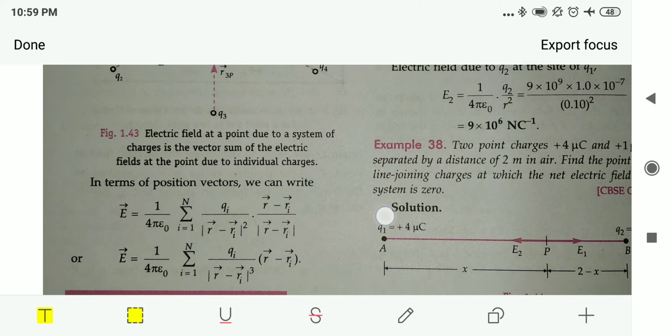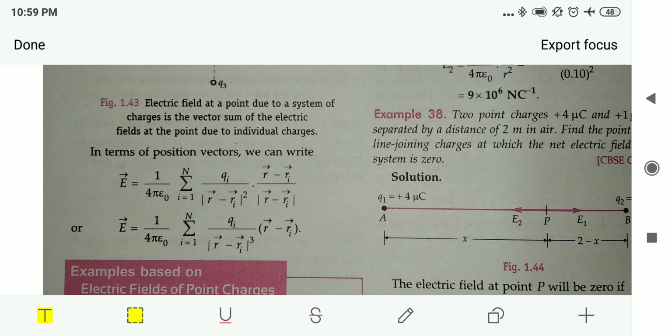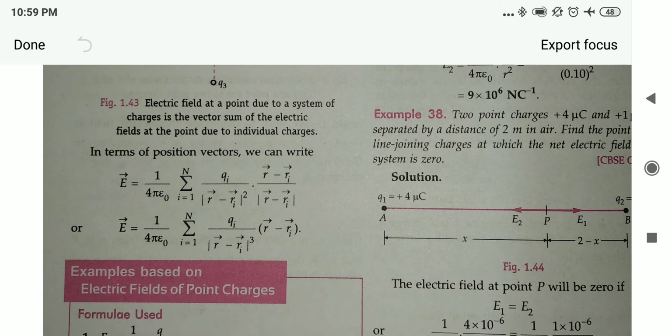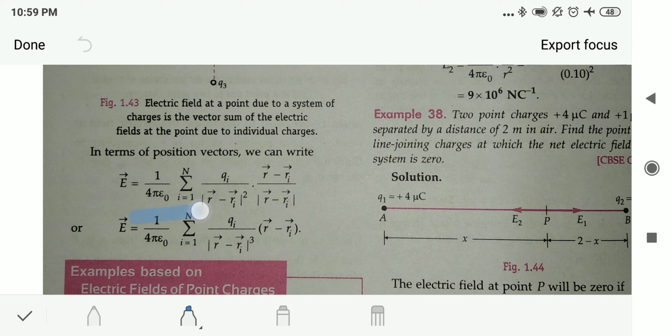In terms of position vector also, we can write it as E equal to 1 upon 4 pi epsilon naught, summation i equal to 1 to n, qi upon the magnitude of R minus Ri whole square. We have written it in vector form, R minus Ri, and this is the expanded form of the unit vector.